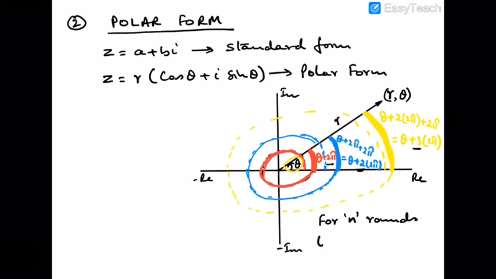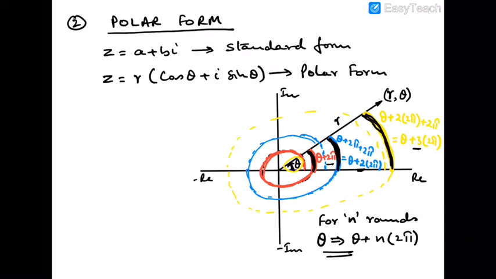So for the nth round, the angle will be theta plus n times 2 pi. So we can say that theta is equal to theta plus 2 pi is equal to theta plus 4 pi and so on. So all these angles are equal.